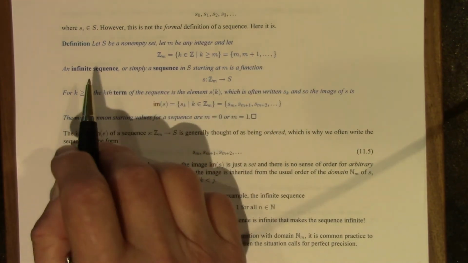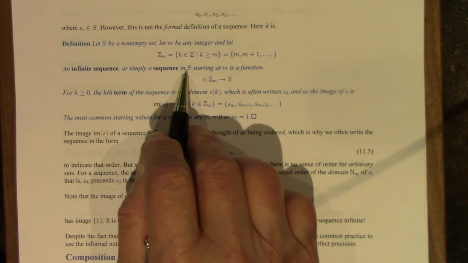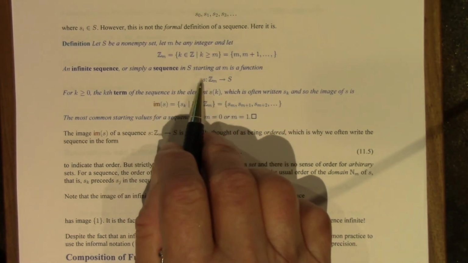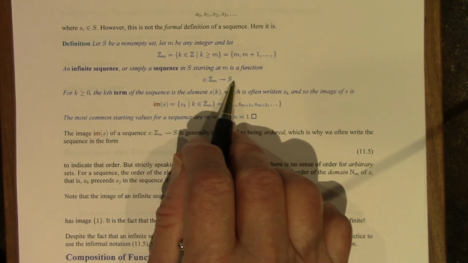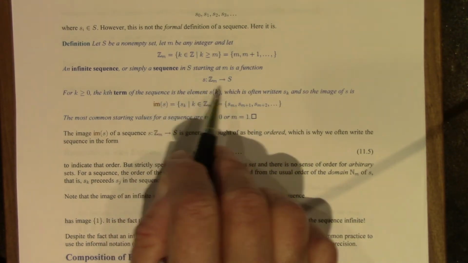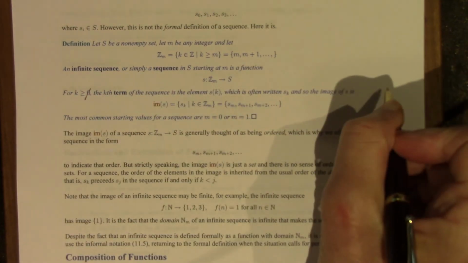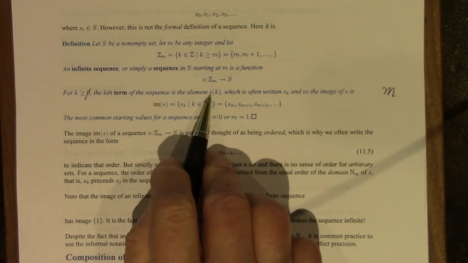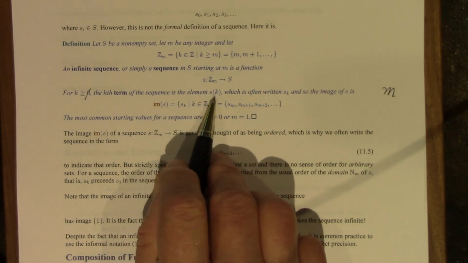Now, an infinite sequence, or simply a sequence in S starting at M, is a function, little s, mapping the domain Z sub M into S. And for any particular k greater than or equal to M, the kth term of the sequence is, of course, the element s applied to k.